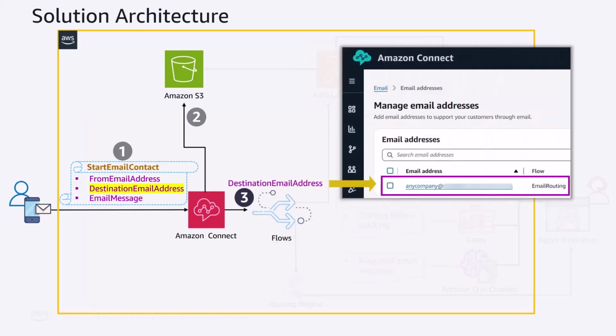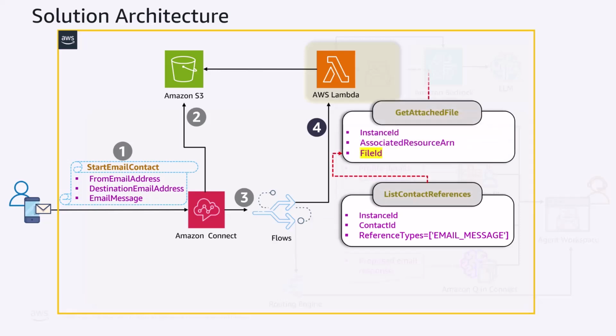Based on the destination email address, Amazon Connect initiates a specific flow. This flow, created using Amazon Connect's user-friendly drag-and-drop flow designer, defines how we'll handle the email. The flow then triggers an AWS Lambda function, which performs two API calls at first.